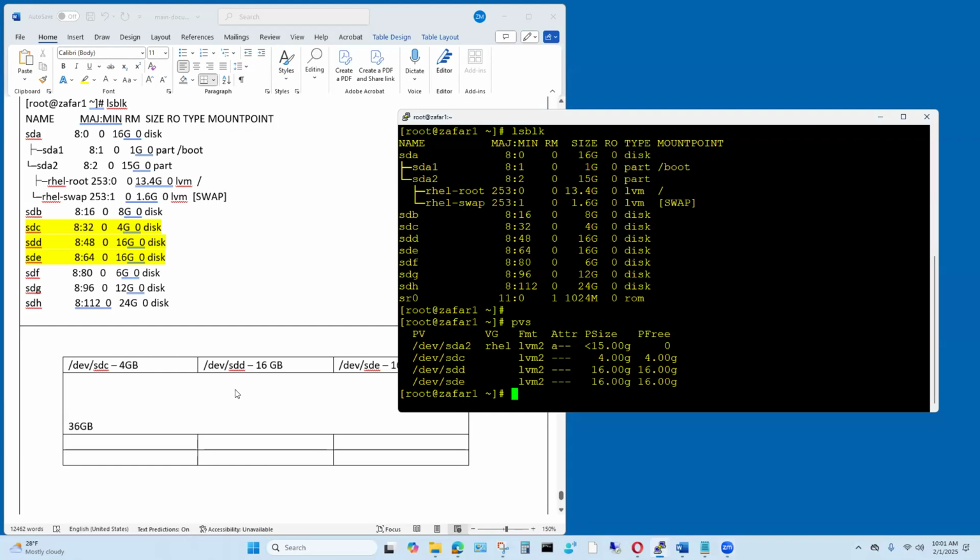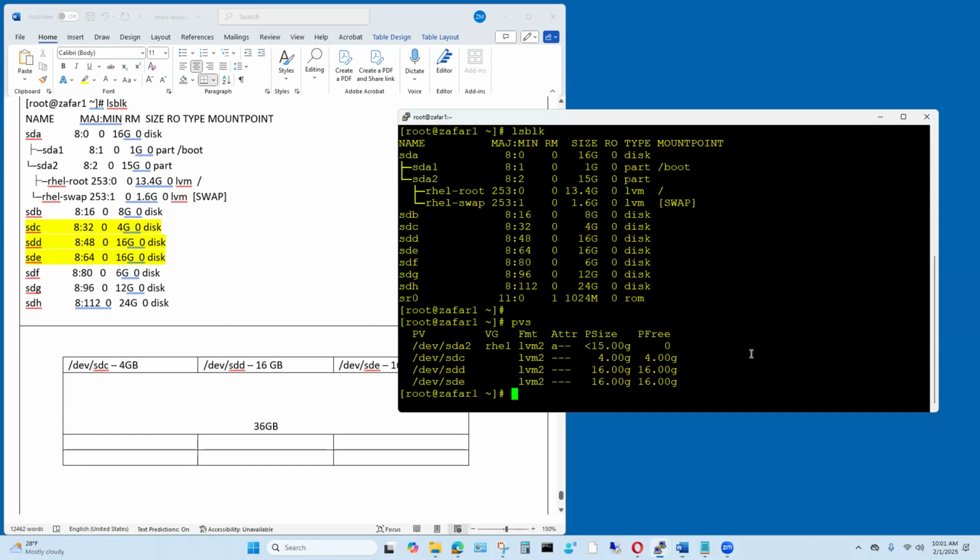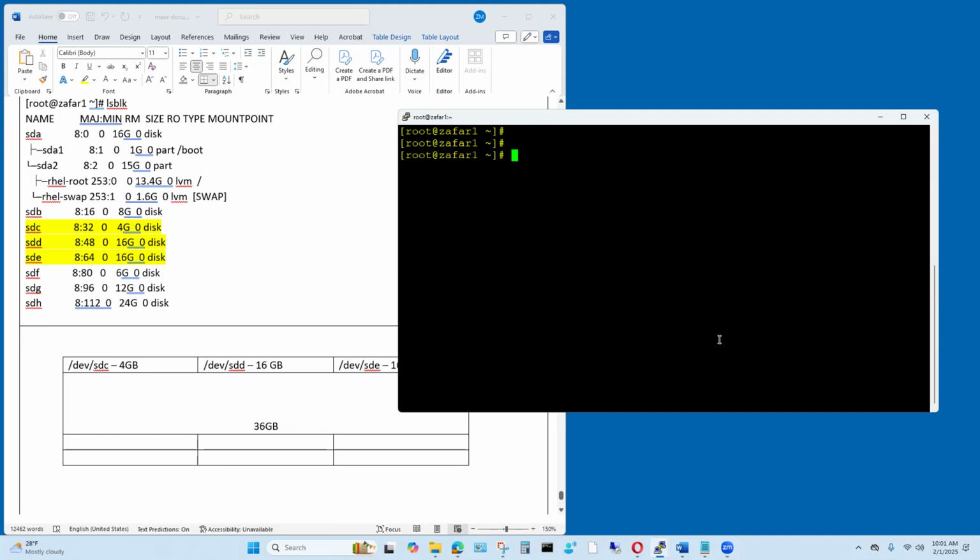Now what we have is 36 GB, all combined as a single disk. What we're going to do is make it a single disk. We're going to run the command vgcreate, ZMPT1.